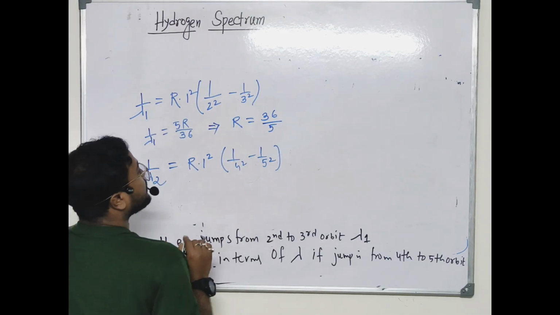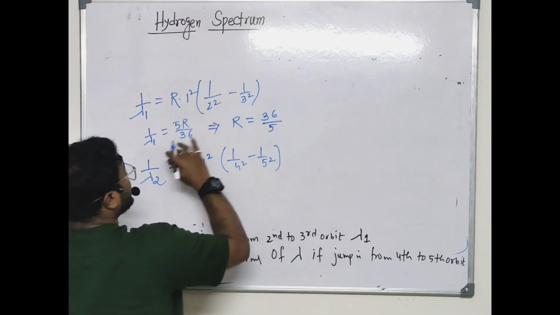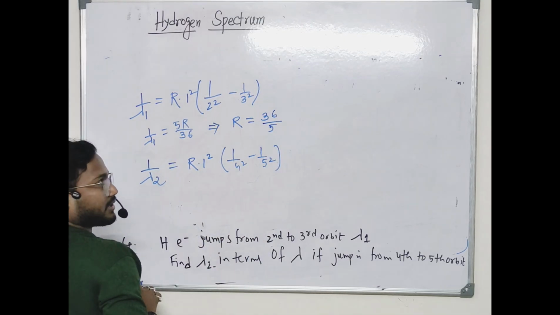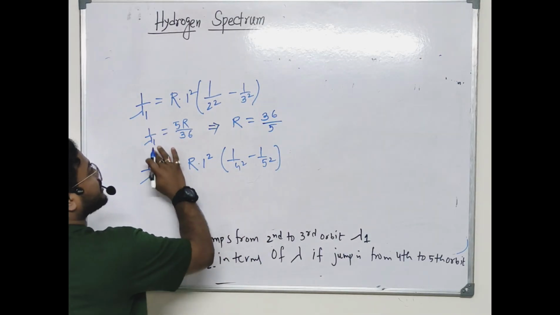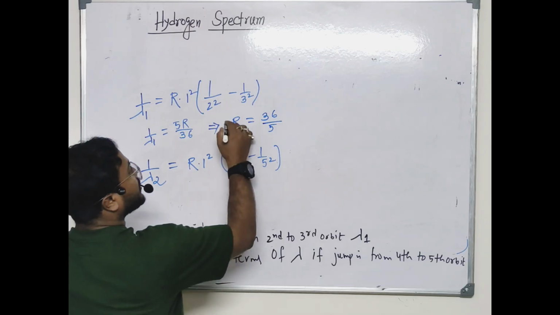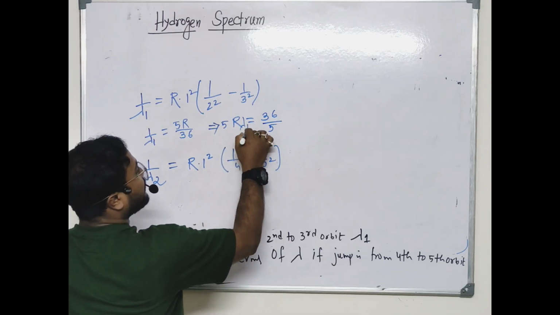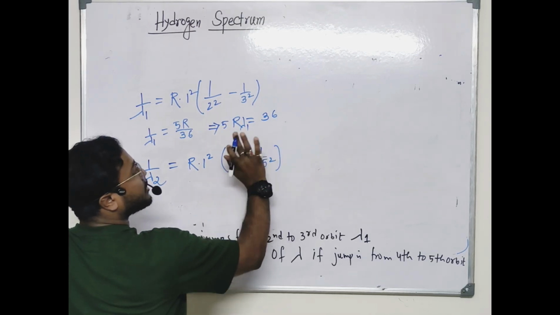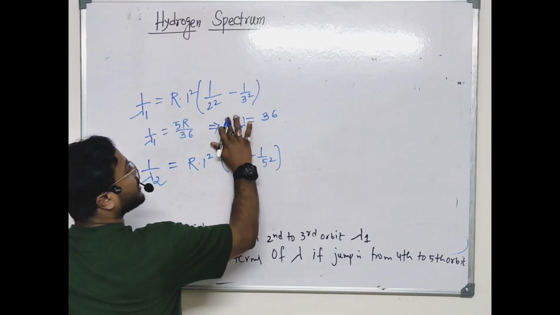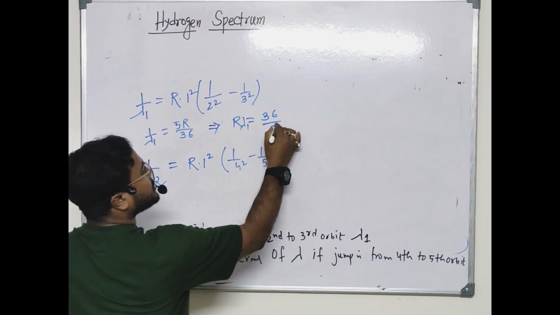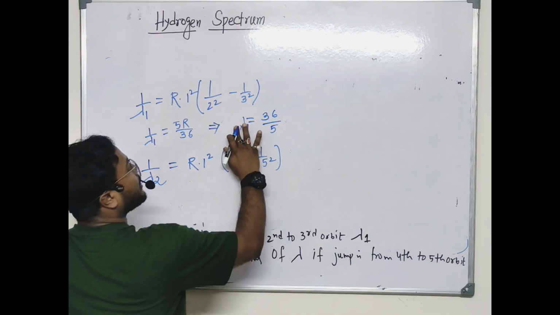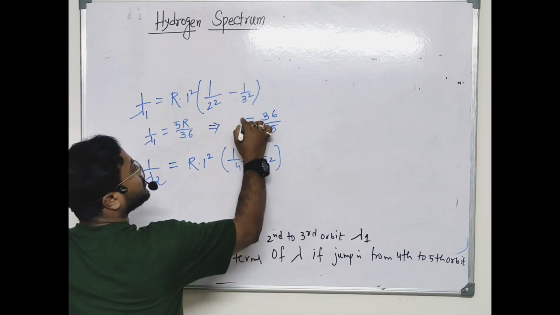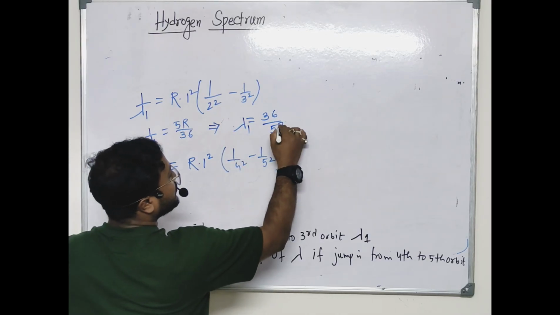Now lambda 1 is present above, so 5 into lambda 1 is my format, correct? So I can write 36 equal to 5R lambda 1. So 5R lambda 1 equal to 36, or I can say R lambda 1 is 36 by 5, or lambda 1 is equal to 36 by 5R.